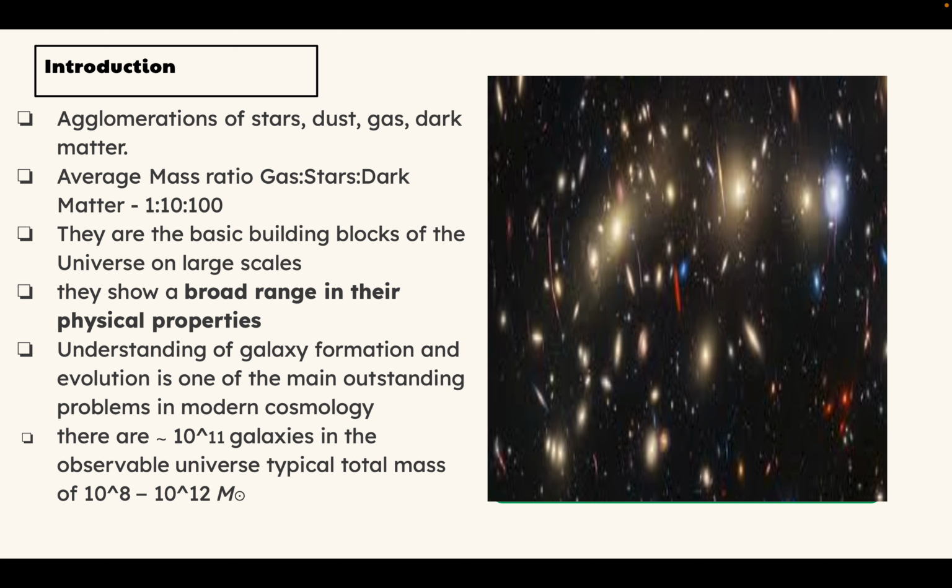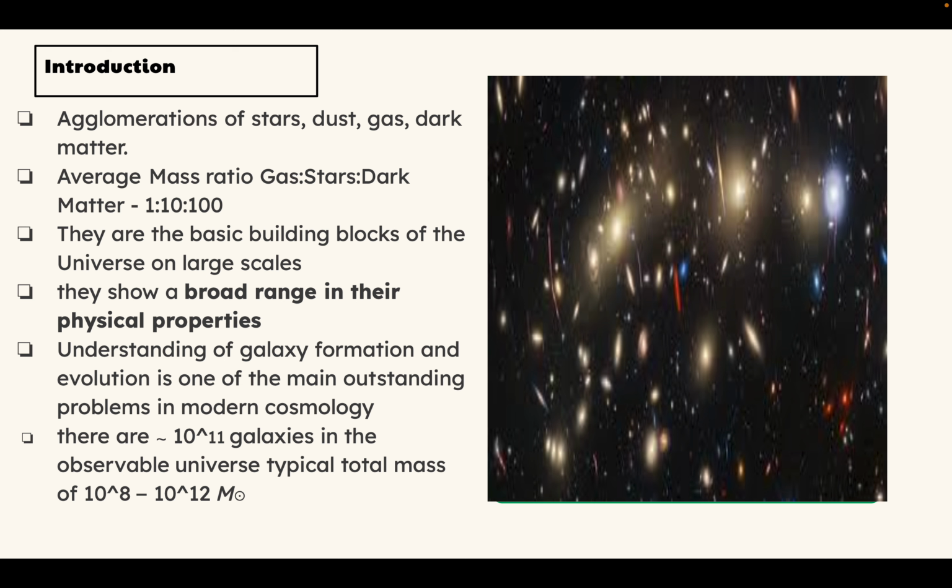Now if one asks you what a galaxy is, you can tell them that galaxies are agglomerations of stars, dust, gas and dark matter. So galaxies are made of stars, dust, gas and dark matter. The average ratio of gas to stars to dark matter is about 1:10:100.